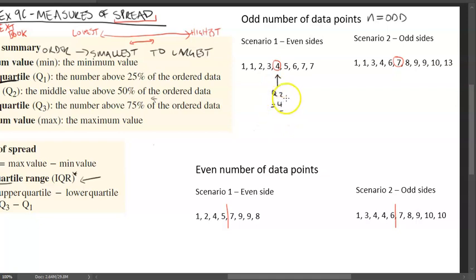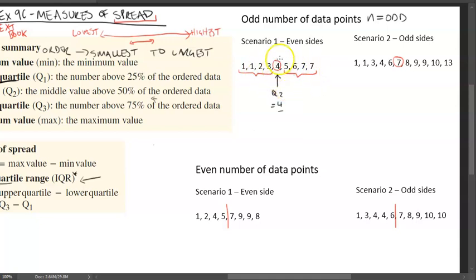The next thing we want to do is try to find where our Q1 and our Q3 lie. It's easy to find the smallest and the largest, that's 1 and 7. But more importantly, I want to look for the Q1 and the Q3. So in this case here, when you look at the 2 sides, the first thing we're going to do is, if we have an odd amount of numbers, we are going to forget about that 4 for now when trying to find our Q1 and Q3.